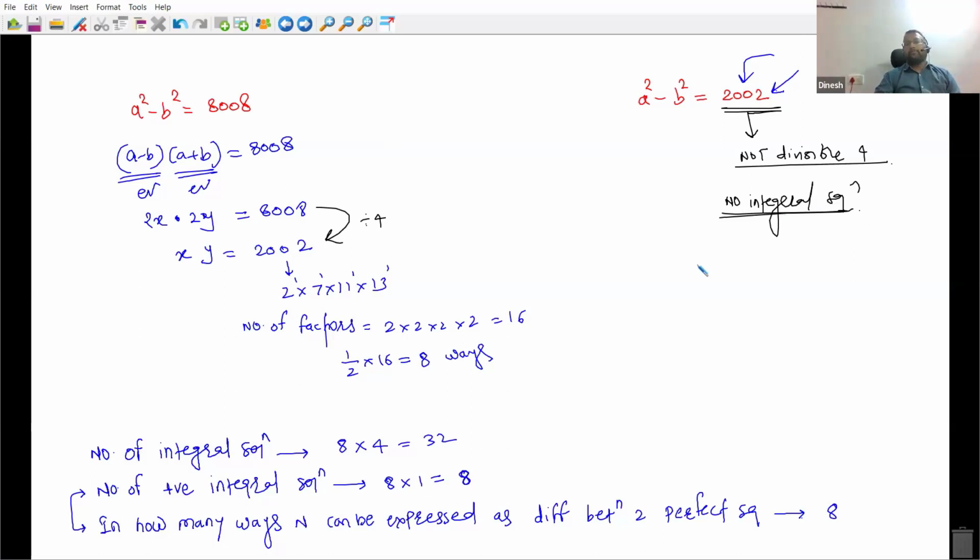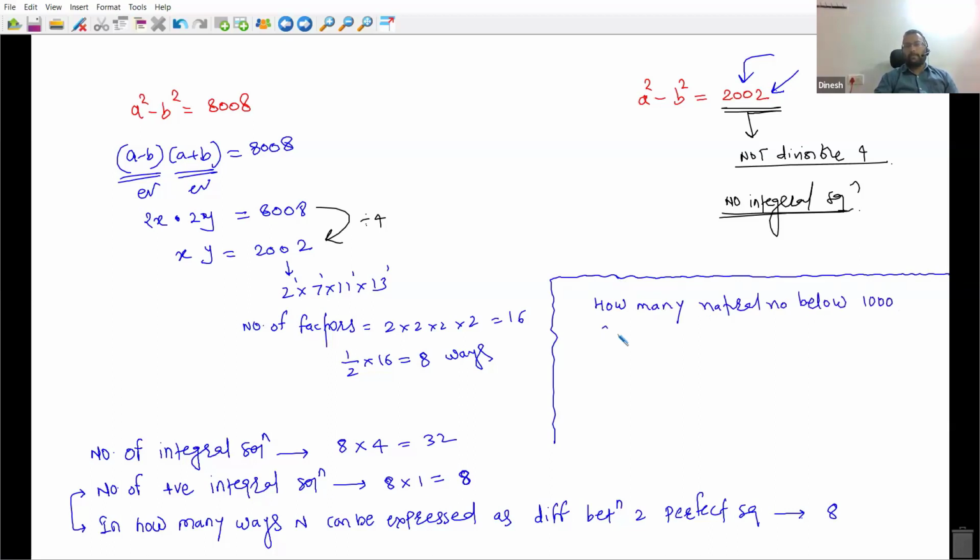So how can a difficult question be asked on this concept, everyone? The question can be: how many natural numbers below 1000 cannot be expressed as a difference between two perfect squares?